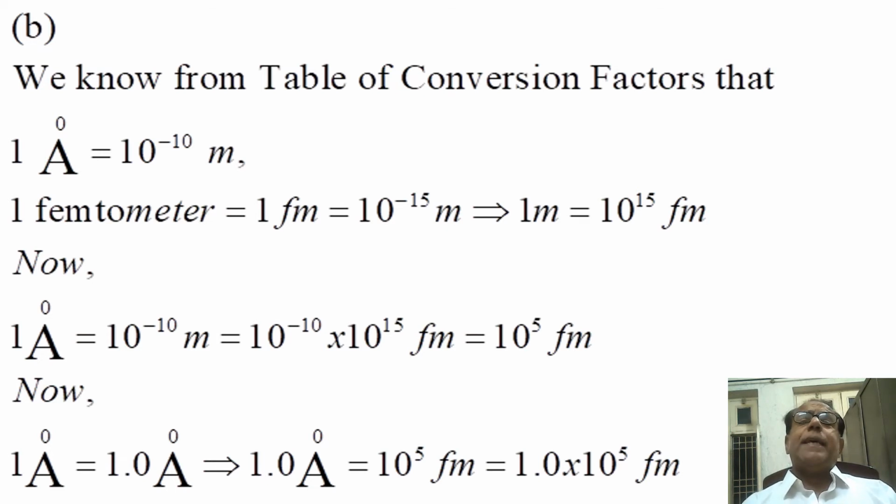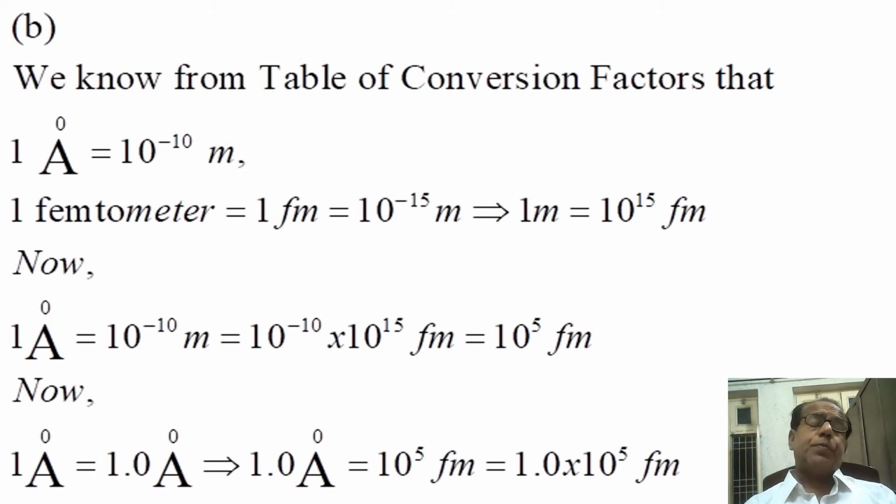This implies that 1 meter is equal to 10 raised to the power plus 15 femtometer, because 10 raised to the power minus 15, when shifted to the other side of the equality, will be converted into 10 raised to the power plus 15.